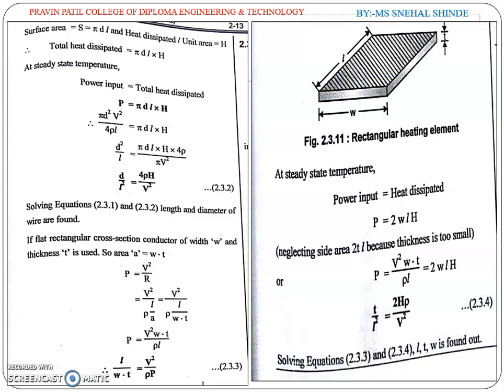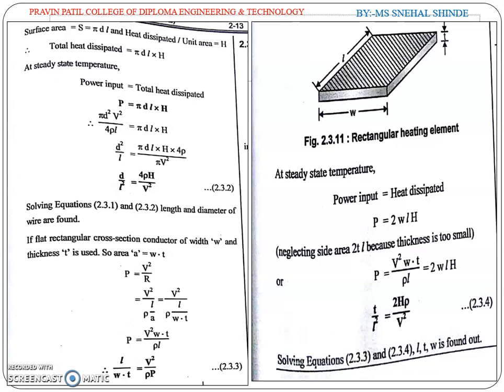If a flat rectangular cross section conductor of width W and thickness T is used, area equal to width into thickness. We know the power equal to V square by R. Then again substituting the value of R, that is rho L by A, in this equation.